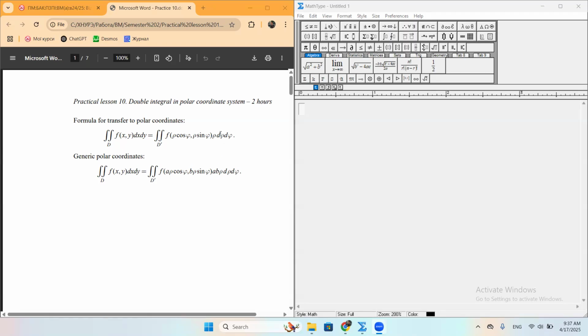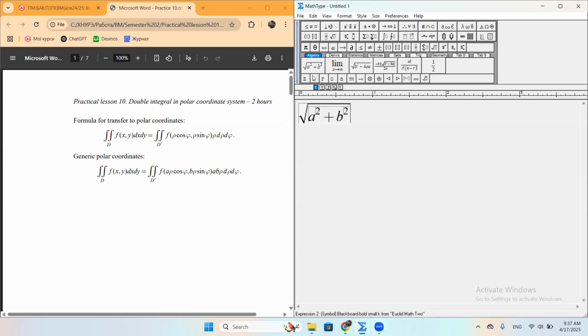So when do we use polar coordinates? Sometimes when integrating, we have a region of integration that is a round or ellipse, or a segment or sector of the round or ellipse, maybe some concentric circles that form the region.